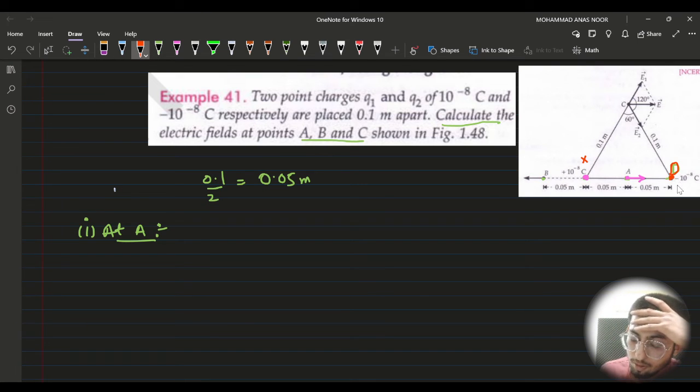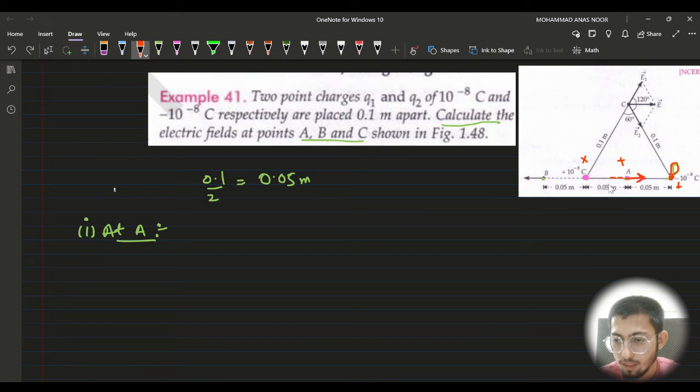If it were positive, then it would repel A, and the direction would be this. But since this is negative, it will be the same direction, right? Because a positive charge, if placed here, would be attracted towards this, right?